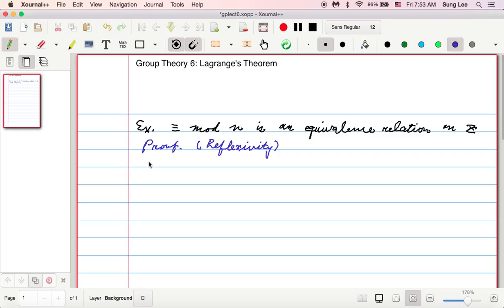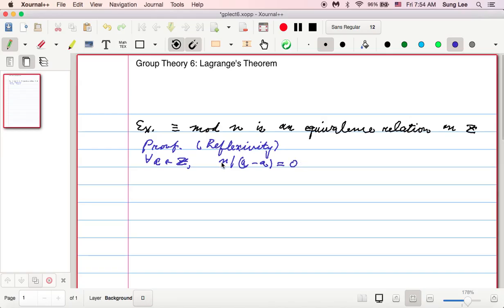For any a in Z, for any integer a, n divides a minus a, which is equal to 0.